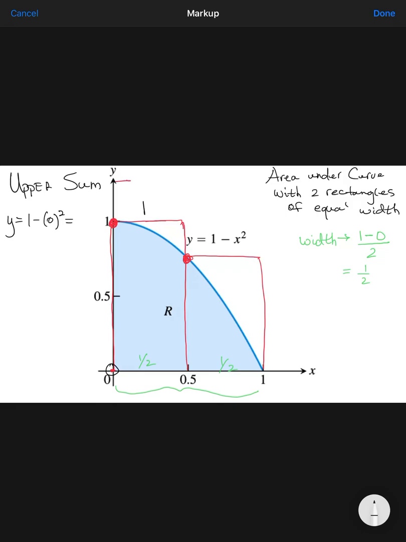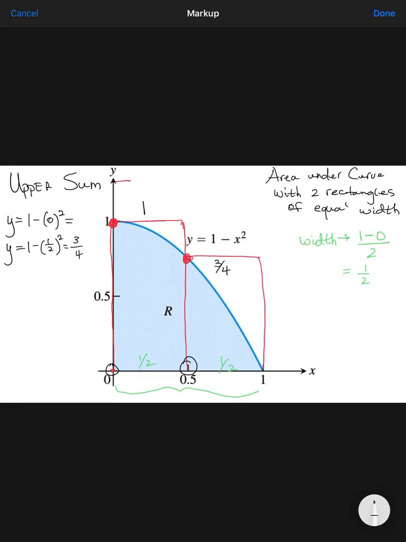The height of the second rectangle, you plug in 1/2, and you get 3/4.